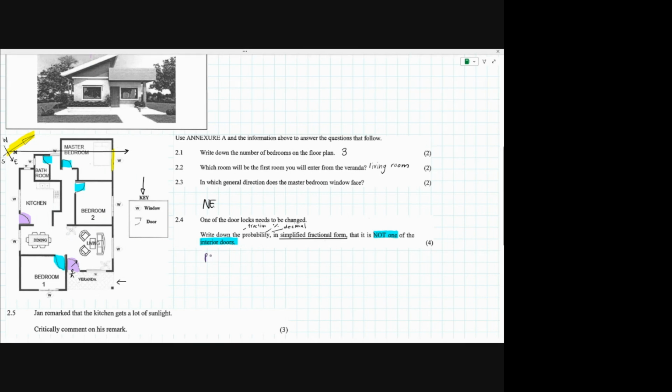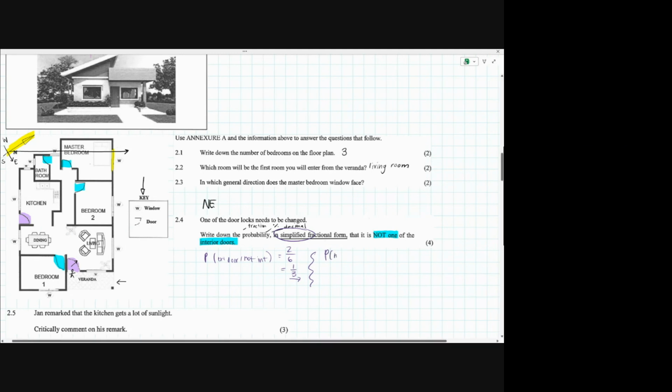So the probability of an exterior door, or I suppose you could say not an interior door, is 2 out of 6. And it said simplified fractional form, so we would simplify that to a third. Alternatively, you could have said, okay, well, of all my doors, I have got 4 interior doors.